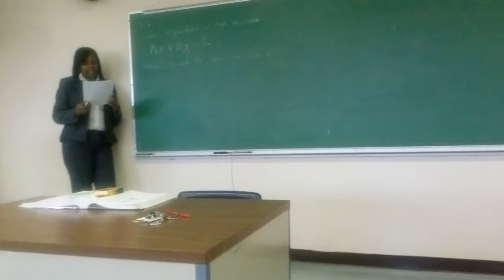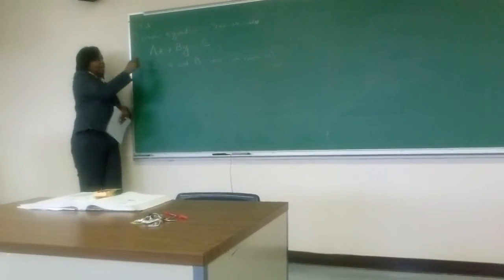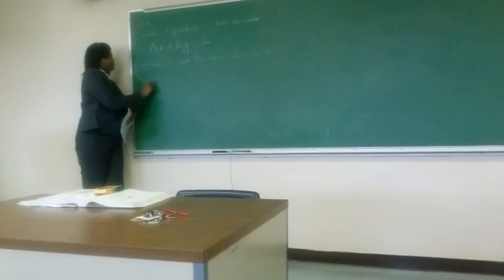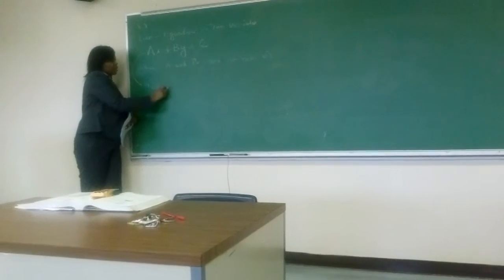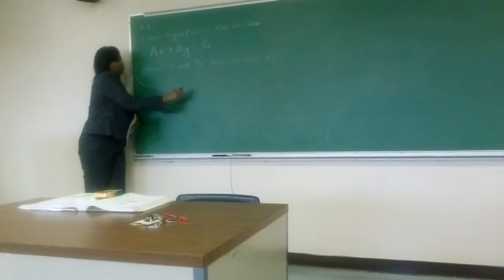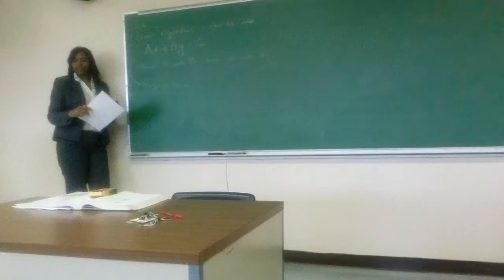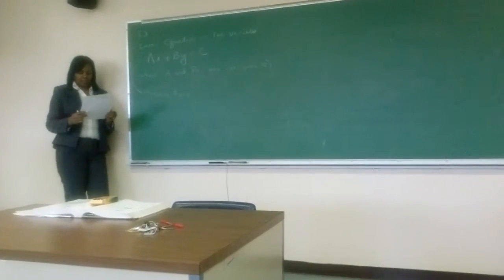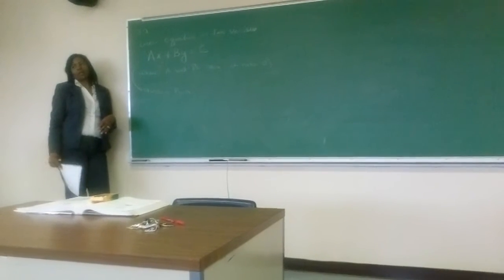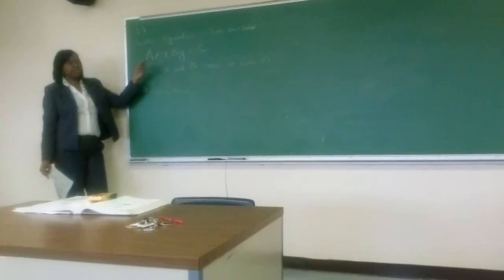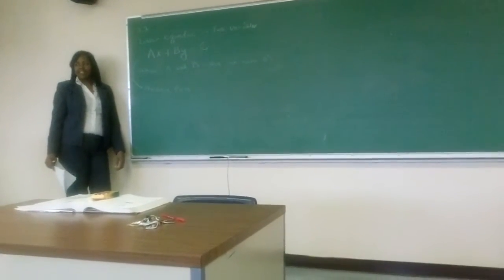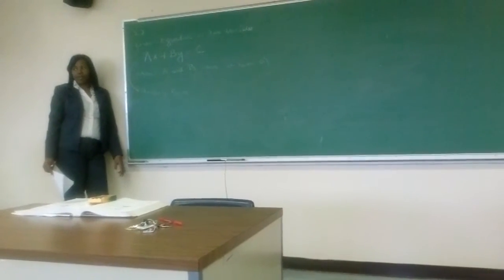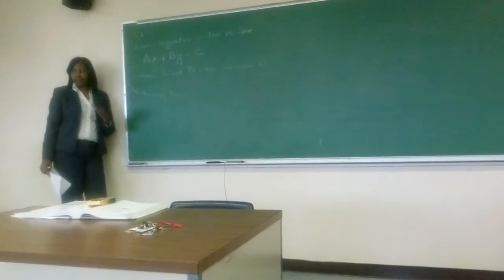And this is what we call a linear equation. This format right here is called standard form. Because x is to the first power, that's a linear equation, which means the graph of that equation will be a straight line.